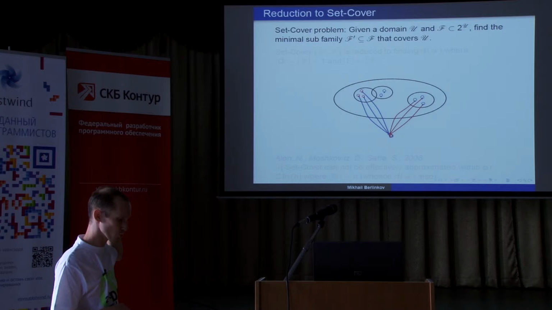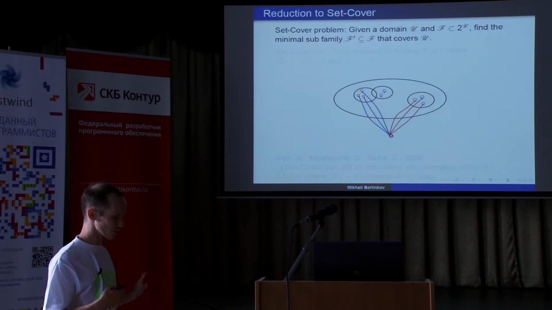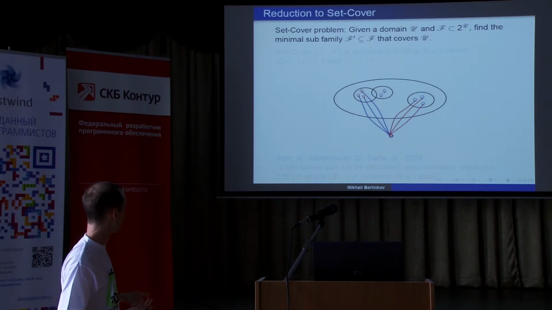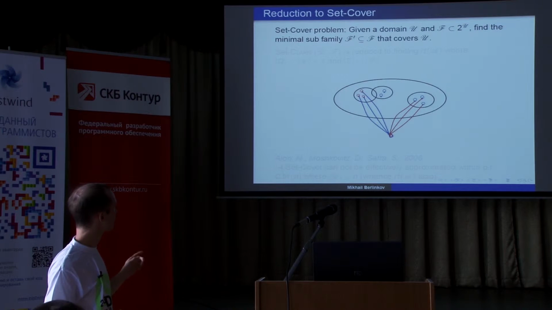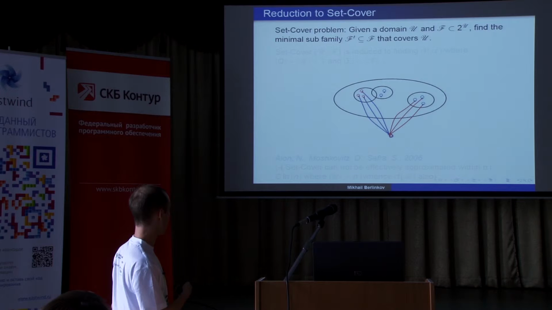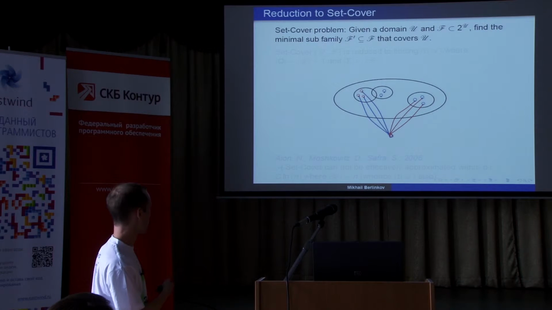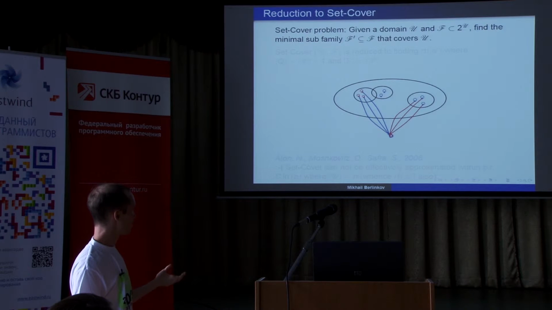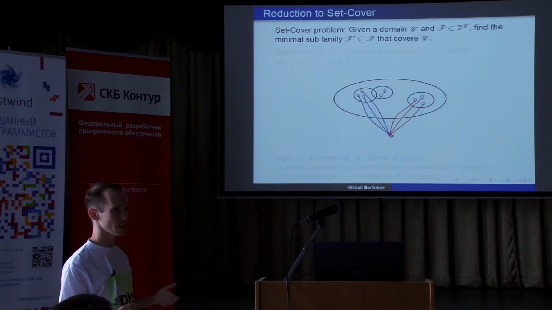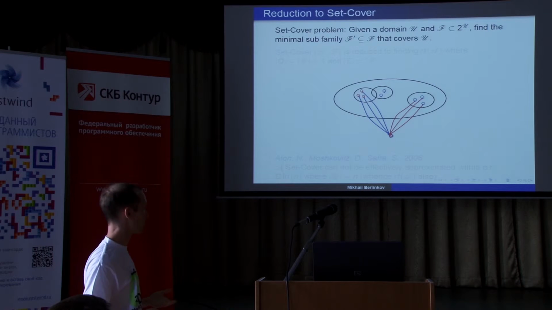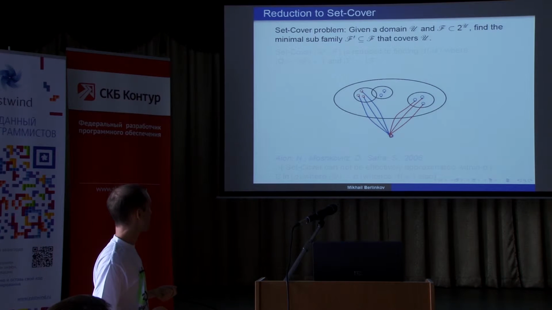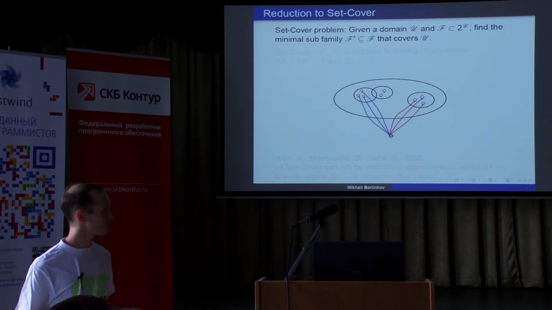To prove their result, Gerbusch and Heringa used a reduction to the set cover problem. Let's recall that the set cover problem is the following: given a domain U and a family of sets on this domain, the problem is to find the minimal subfamily F prime that covers the domain.